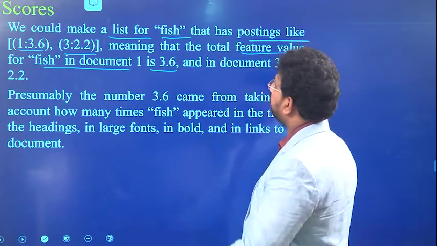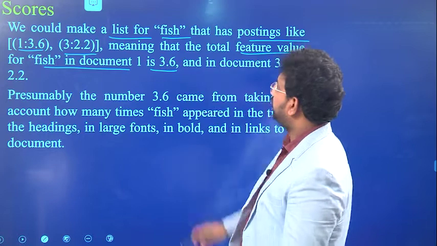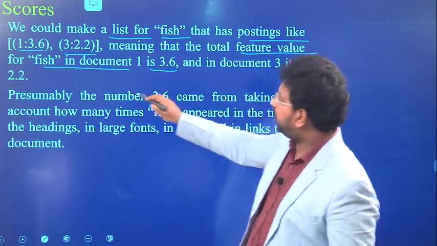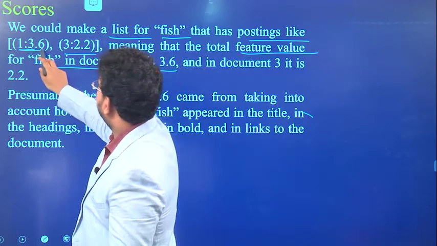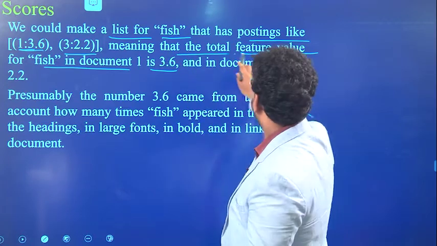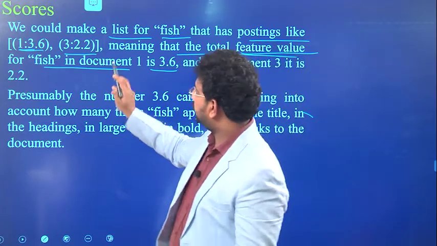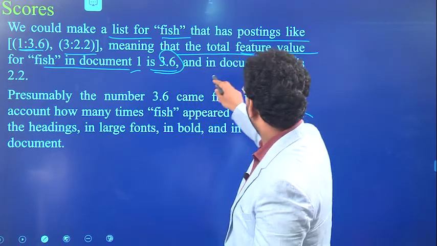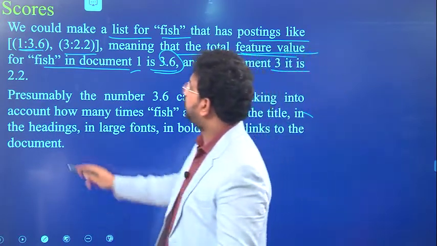Here, for the feature value, we could make use of a list for fish that has postings like 1:3.6, 3:2.2, meaning that the total feature value for the fish in document 1 is 3.6, and in document 3 it is 2.2.